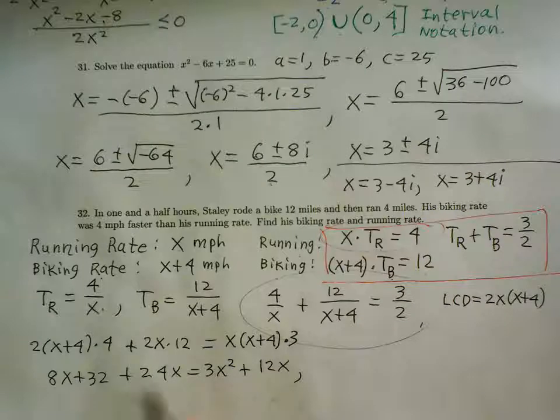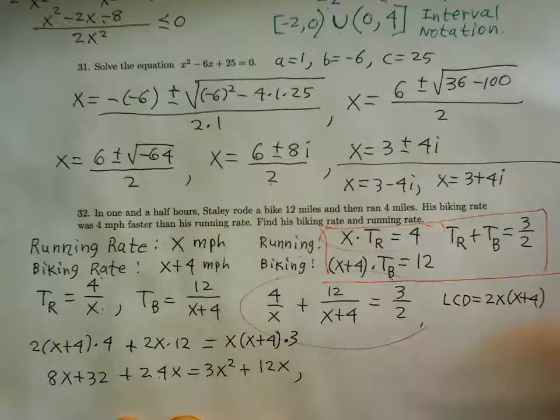Okay, so on the left-hand side, we have 8x plus 24x for a total of 32x. So we're going to subtract 32x from both sides and also subtract 32 from both sides.